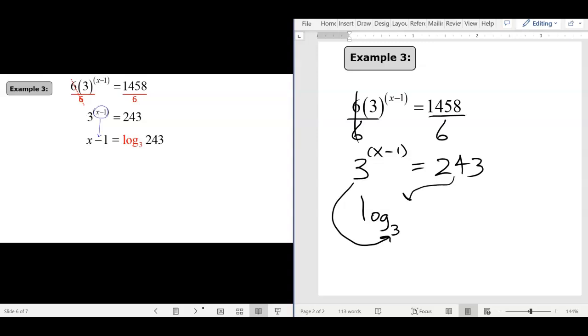Okay, what it equals is now the argument, and that equals the exponent, x minus 1. Right? We don't really need those parentheses. Now here's the deal. Is x by itself on the right side? No, because there's that minus 1. So how do I get rid of the minus 1?